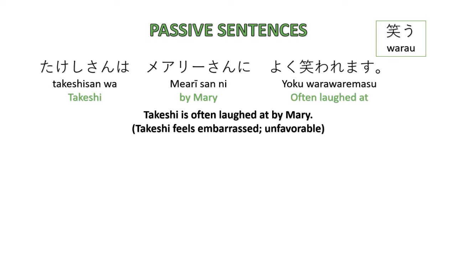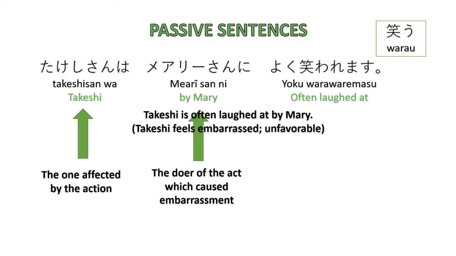Warawaremasu comes from warau. Takeshi is the one affected by the action. Mary is the doer of the act, which causes the embarrassment or inconvenience. And then the act done by Mary in the passive form. Warawareru, warawaremasu. Okay?